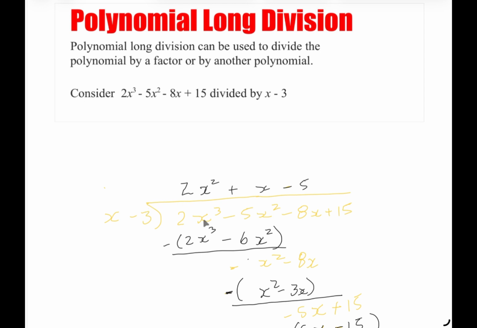You write the larger polynomial, the dividend, underneath the house, and the smaller one, the divisor, outside, so we try to find the quotient.